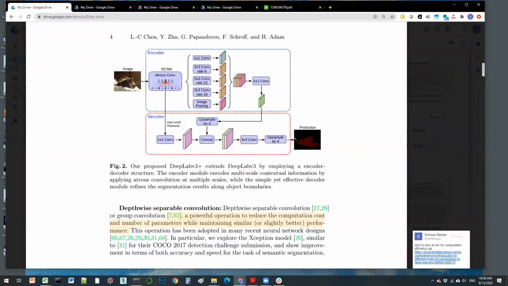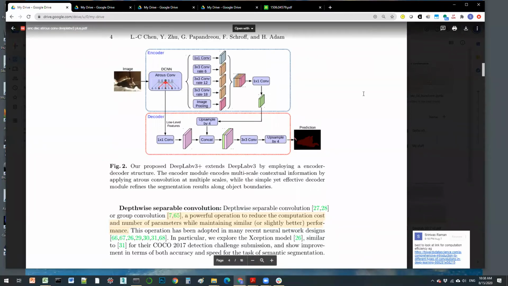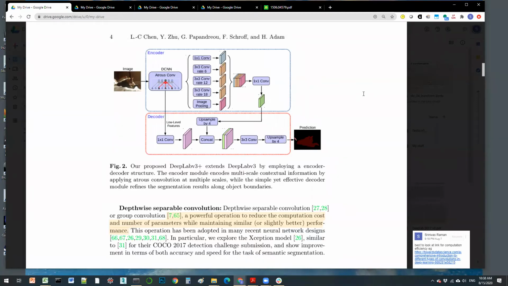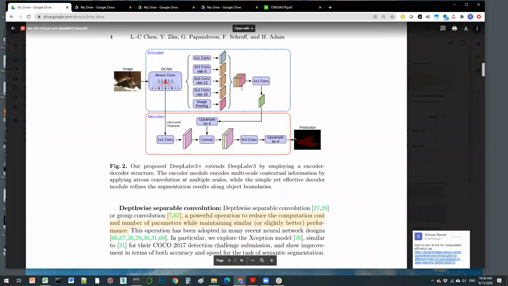Okay, so one question is that an atrous convolution, if it is what we think it is, which is basically the stuff inside the brackets, then the output of that layer is this concatenated series of colored rectangles stacked on top of each other.